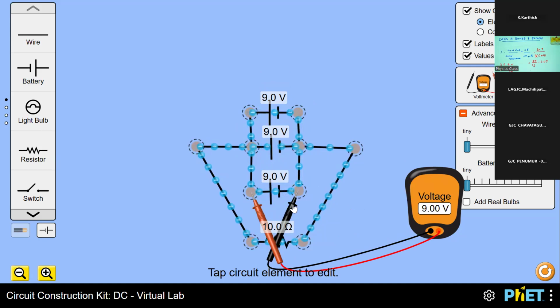Yes. So that's why I'm saying EMF is the same in a parallel connection. So we don't add the internal EMF. So total equivalent EMF, which is equivalent to a single EMF, is 9 volt.